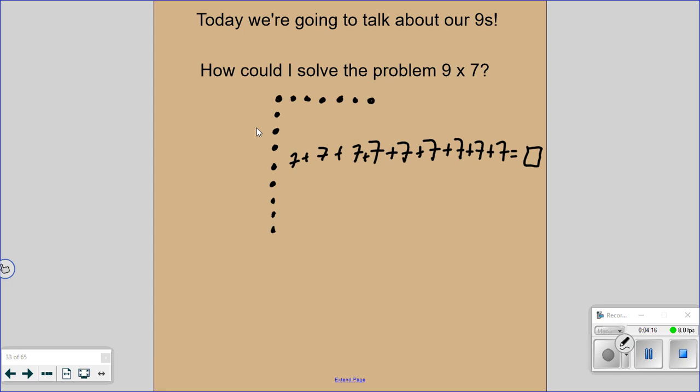Are there any other strategies we've learned? Nathan? Counting groups. Okay, can you describe what that might look like? So what I meant was that you take 7 plus 7, which is 14. Put that into a group.